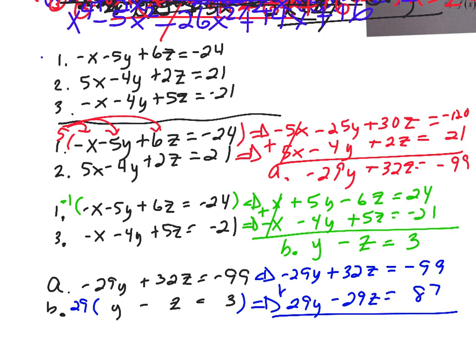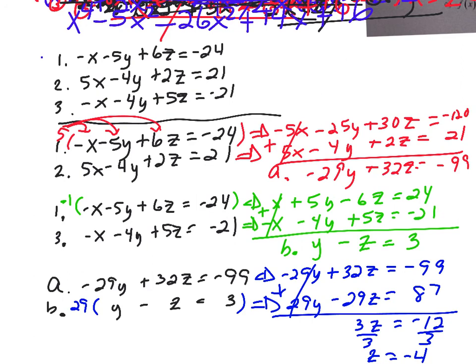Now add them together. Negative 29y and positive 29y cancel. 32z minus 29z is 3z. And negative 99 plus 87 is negative 12. Divide by 3. z equals negative 4.